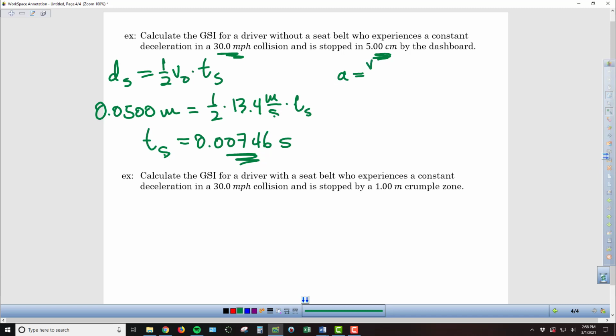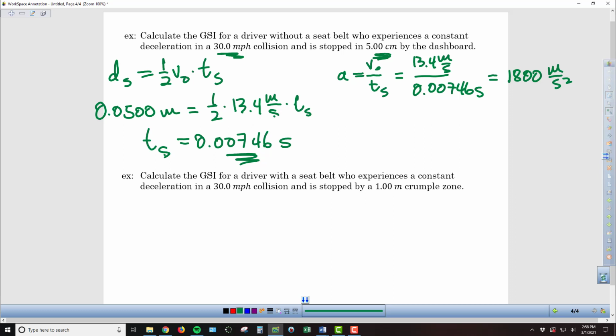Now we can use that to find the deceleration, which is our velocity over our stopping time. So 13.4 meters per second divided by 0.00746 seconds gives a deceleration of 1,800 meters per second squared. That's 3 sig figs; I'm just not bothering to write it in scientific notation.